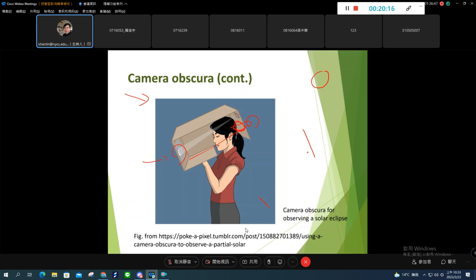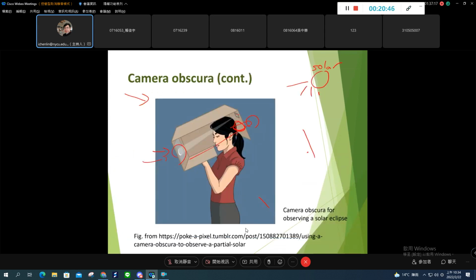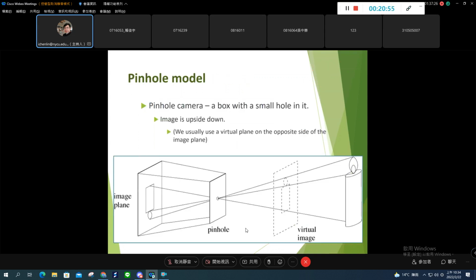Okay, however, I guess some of you may find that the pinhole model is actually quite limited because it has to rely on some strong light, just like solar light, the sunlight, right? Even the moonlight may not always perform well on this kind of camera obscura. But before we talk about why we use or do not use the pinhole model in different cases, let's talk about the geometry model for the pinhole model.